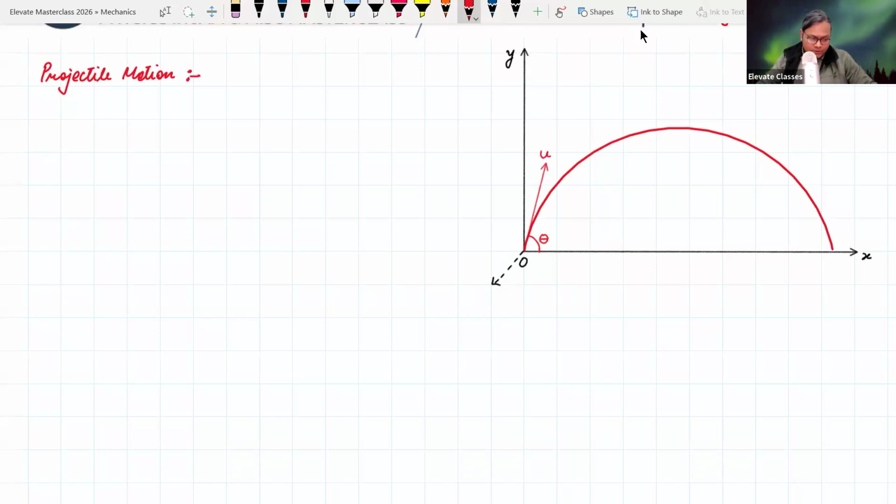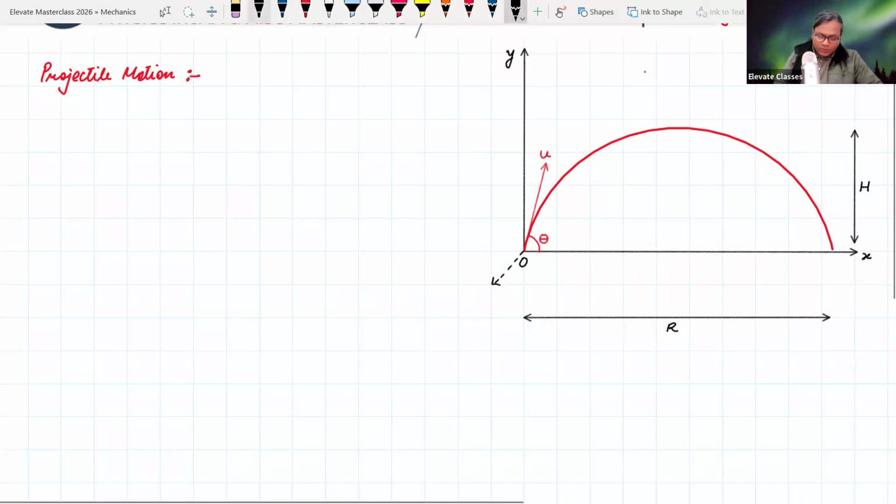And this projectile covers a horizontal distance, which we call as range, and it climbs up to a particular vertical height that we simply call as capital H height.